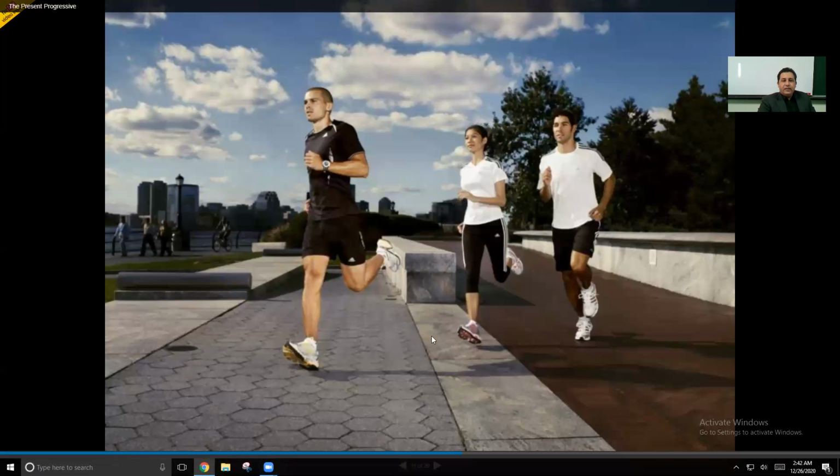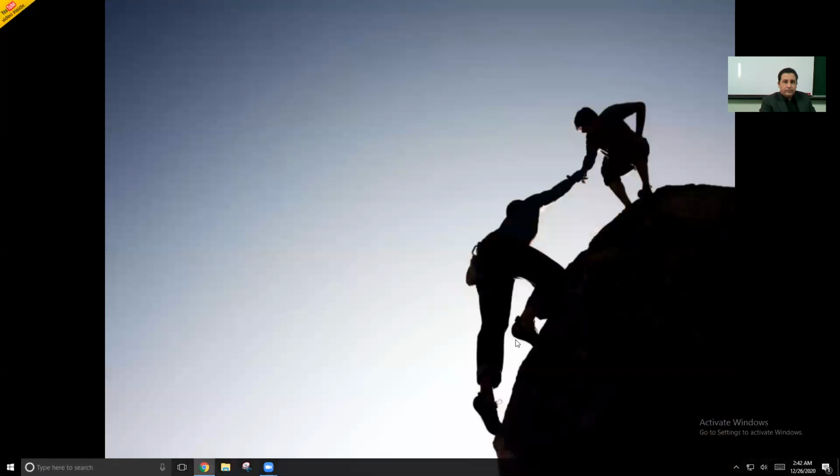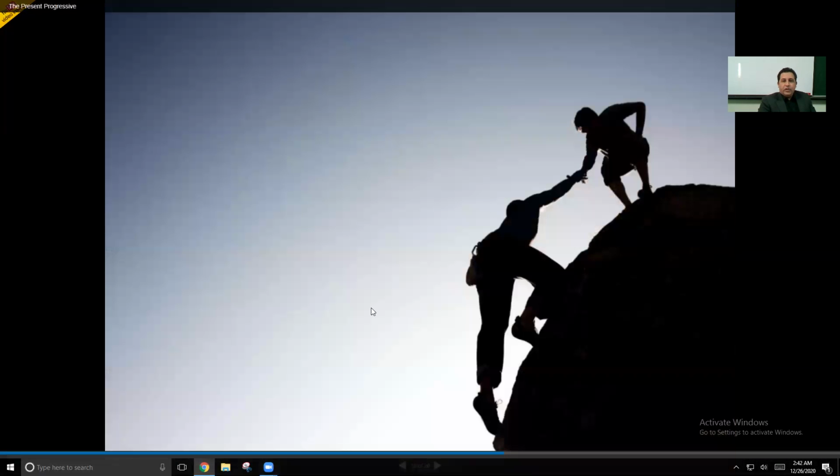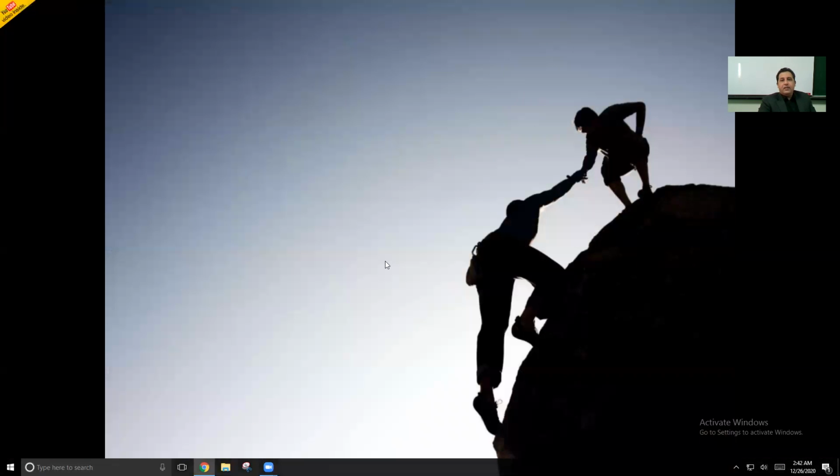And what are they doing? Well, they are running, at the moment. What are these people doing? Well, these people are climbing on a mountain.